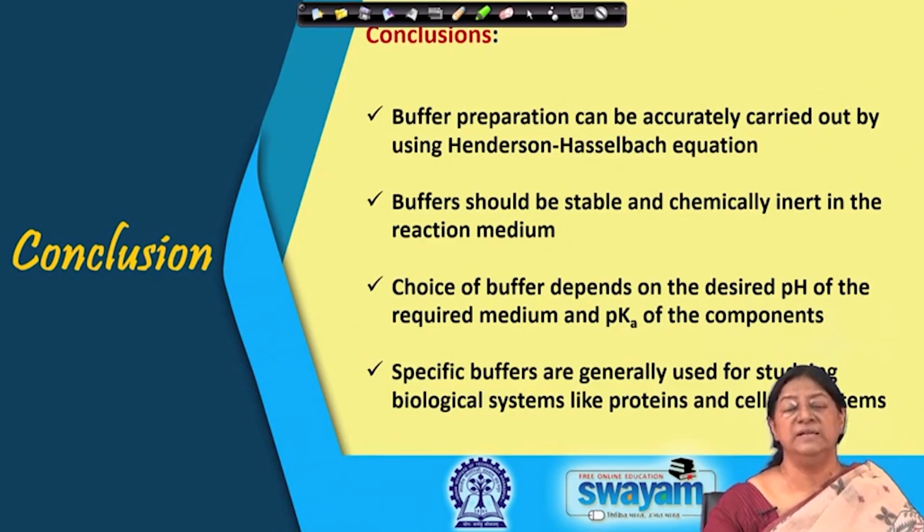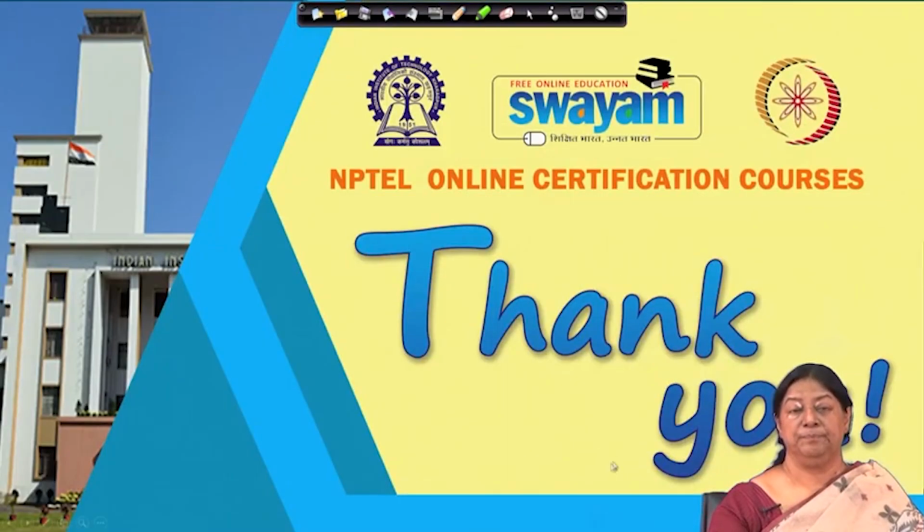Phosphate buffered saline is another very commonly used buffer that has sodium chloride added, which mimics the physiological condition, the physiological solution. So, this is another buffer that is very commonly used, apart from the other ones that were mentioned. Thank you.